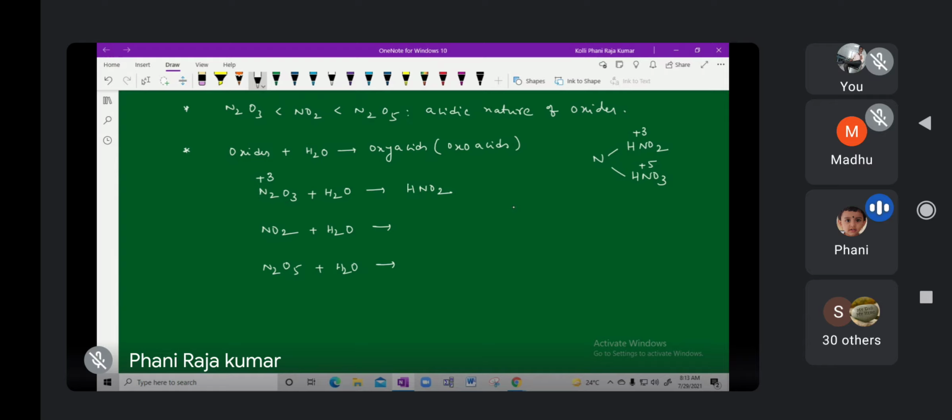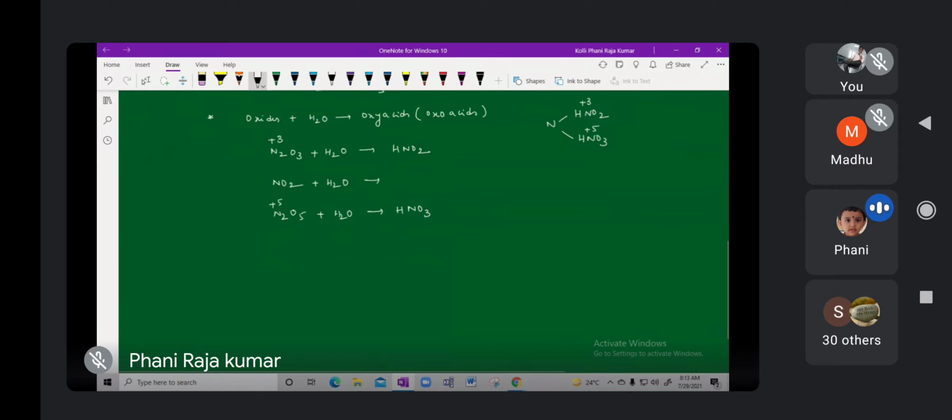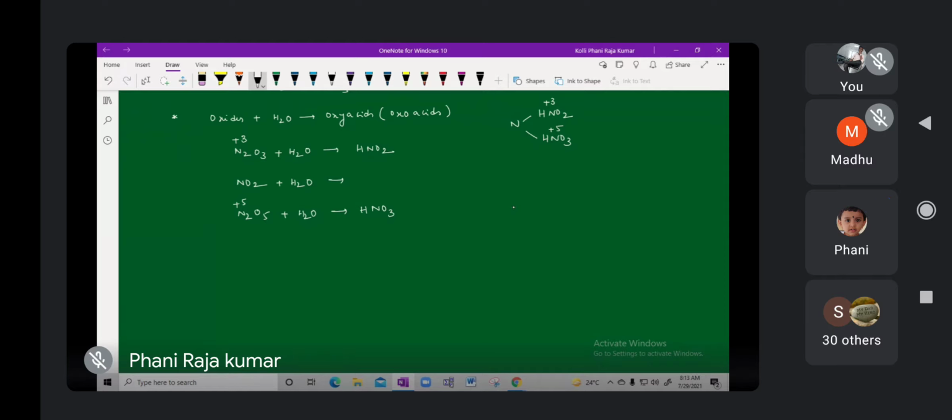N2O5 is in +5 oxidation state, so N2O5 with water gives only nitric acid, HNO3. But what about NO2? NO2 has +4 oxidation state. In such cases, we get both acids, because +4 is intermediate between +3 and +5. That's why it gives both HNO2 and HNO3.